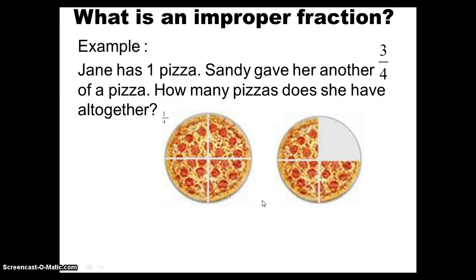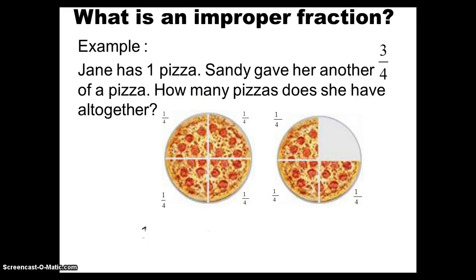Okay, as you can see here, the one pizza is actually made up of four 1/4. So we have four 1/4 here, and the pizza that Sandy has given Jane is 3/4. So we have three 1/4 here. Now, boys and girls, how many 1/4 do we have here?